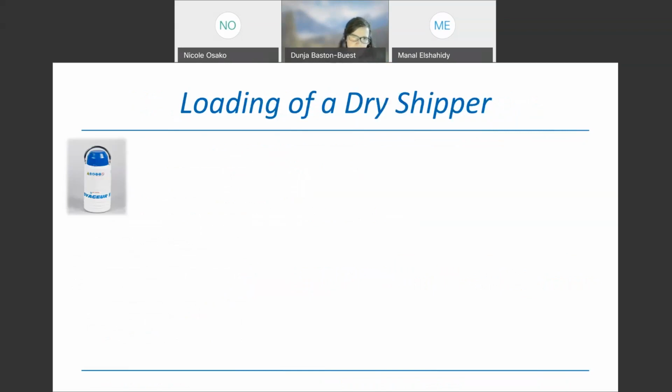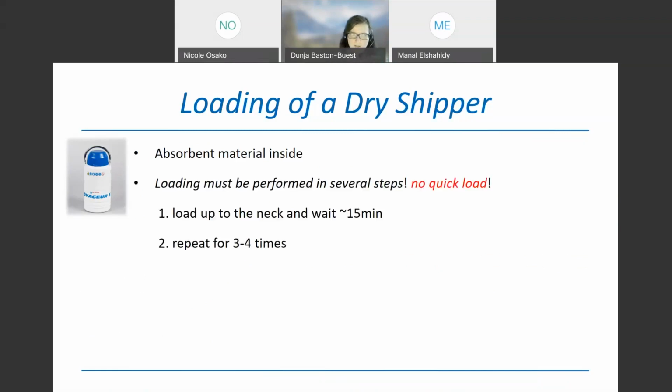Now I'm going to share some more detailed information about our system. We have a dry shipper in the center, and there is a special absorbent material inside. So we have no hazardous transport, working with the absorbent one. But what is important about the absorbent material is that you can't do a quick load. So you need to be prepared for transport.